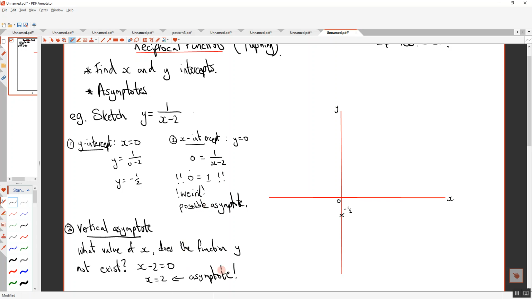Now where is the line x equals 2? Yes, good, Darius, thank you. And Tamara. So there's point 2, and x equals 2 is going to be a straight line. I'm just going to put this in and then fix it after.